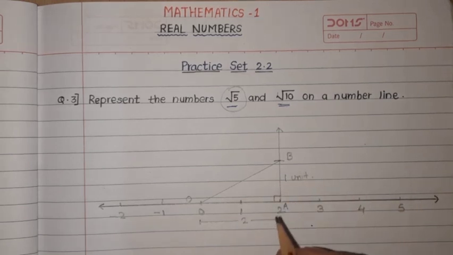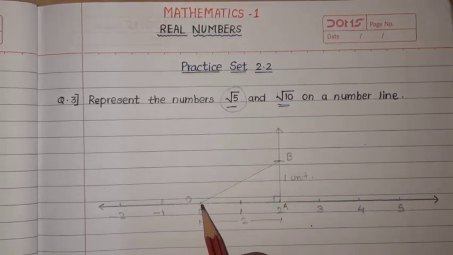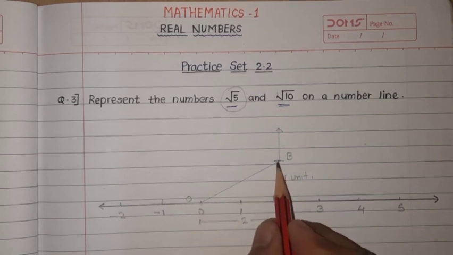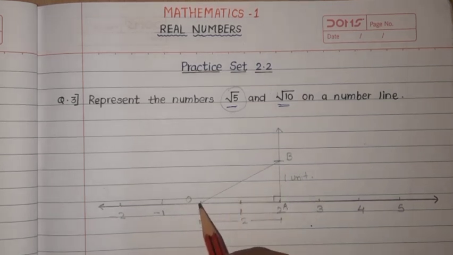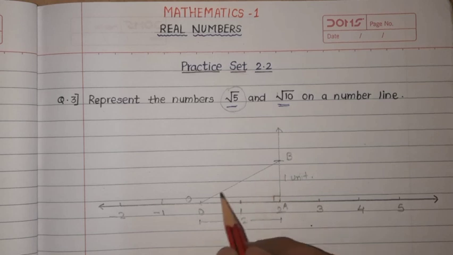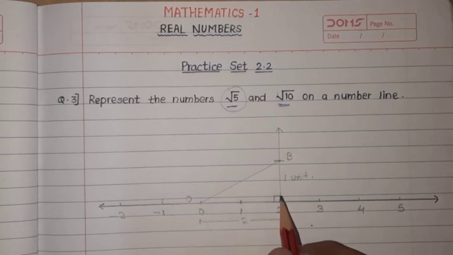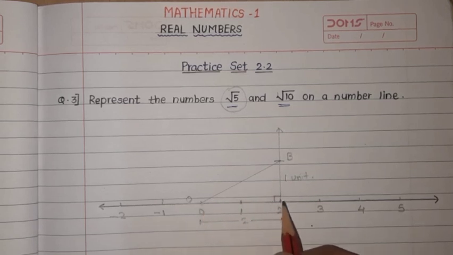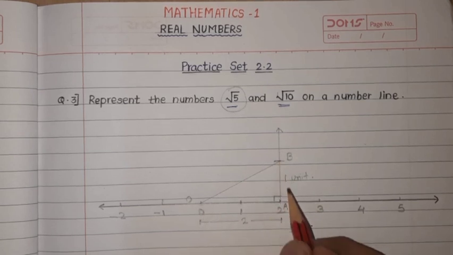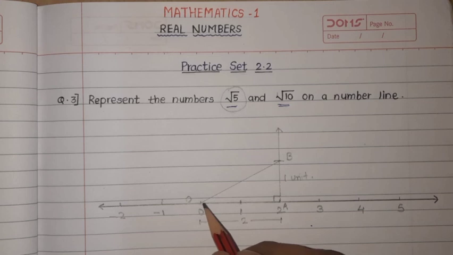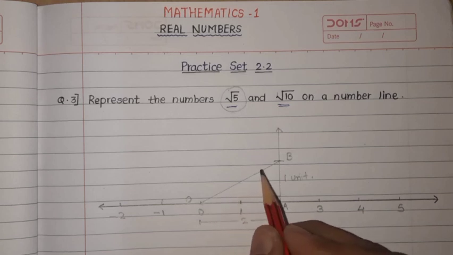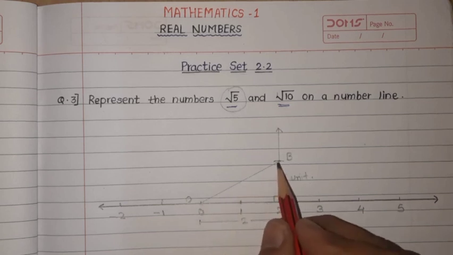Now can we find out the distance OB? Yes, see, OAB is a right angle triangle, and in this triangle we know the perpendicular side OA, we know the another side AB. Then by using Pythagoras we definitely find out the distance OB.